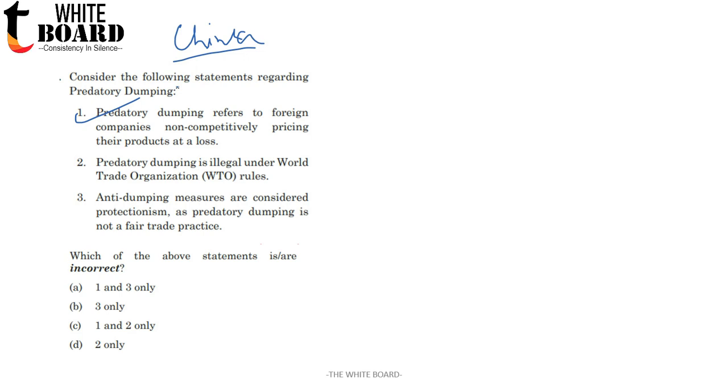This particular practice of predatory dumping is in the news. Predatory dumping is illegal under WTO rules. Yes, it is indeed correct. Anti-dumping measures are considered protectionism as predatory dumping is not a fair trade practice. Yes, predatory dumping is not a fair trade practice. That is for sure, and that is why WTO has banned it.